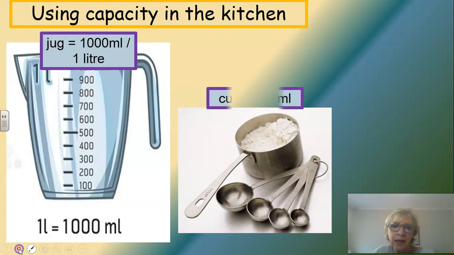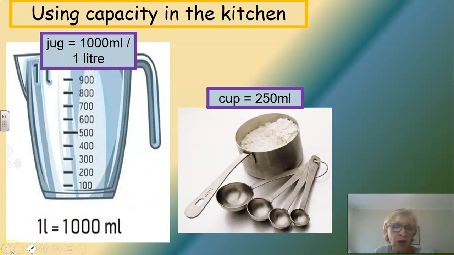But generally speaking too, the standard measure for 1 cup is 250 milliliters. So 4 of these cups would fit into a 1 liter jug because it's 1,000 milliliters, and 250 times 4 is 1,000.